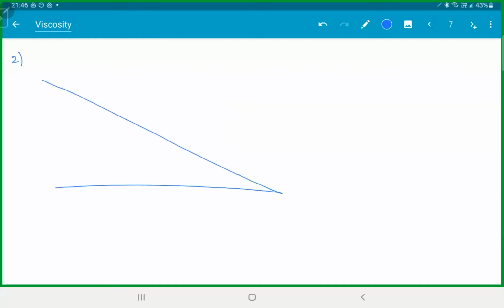We have a long incline. On this incline, we have a thin layer of fluid whose thickness is z.